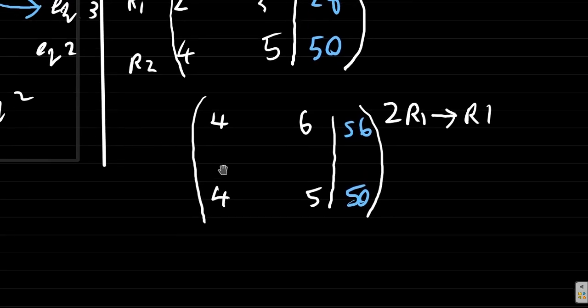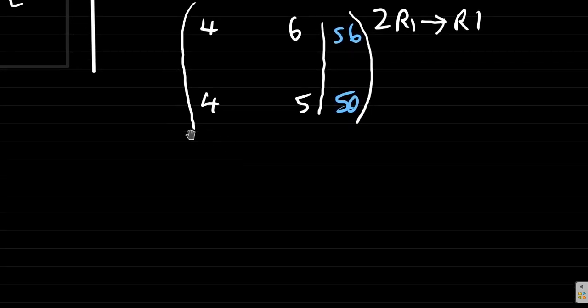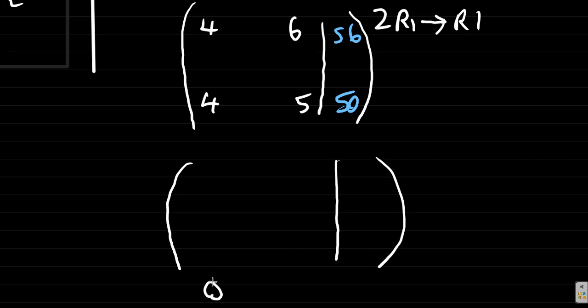Now, notice your aim is to get a 0 down here. So when we rewrite this, you want a 0 to come here. So what you're going to do is to say row 1 minus row 2 will give you a new row 2.